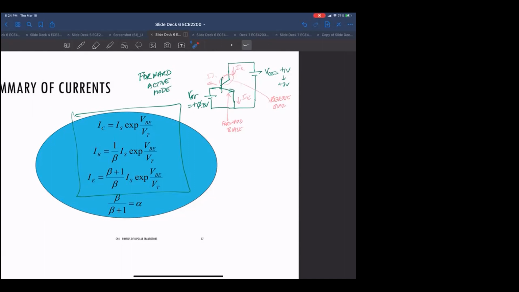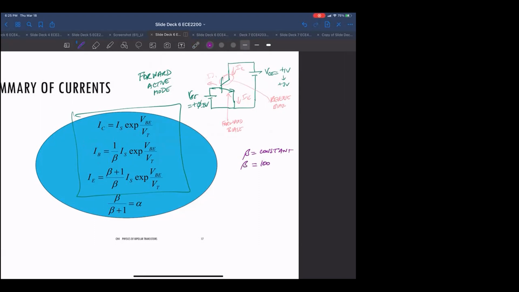If I just look at the base current, it's this I sub C. Notice this guy is the same as this guy, just divided by this term beta. And beta, usually in this class, is a constant, usually given at 100, but you have to just keep an eye out.